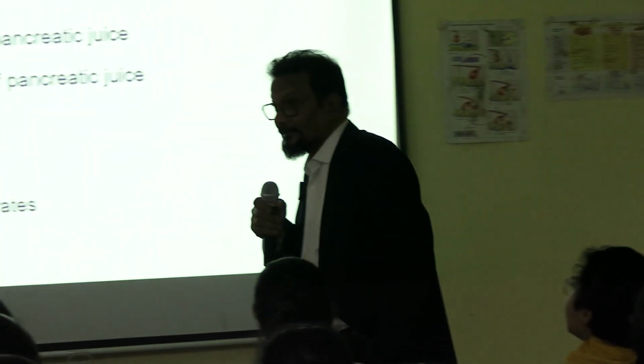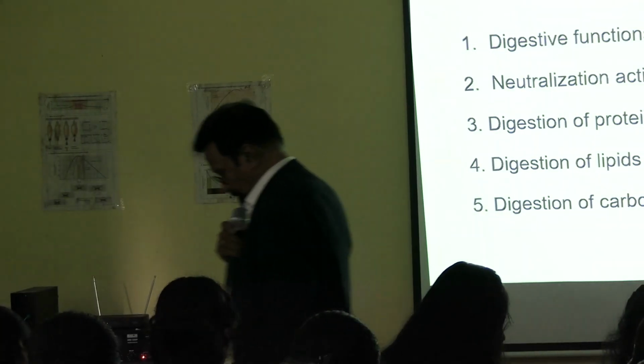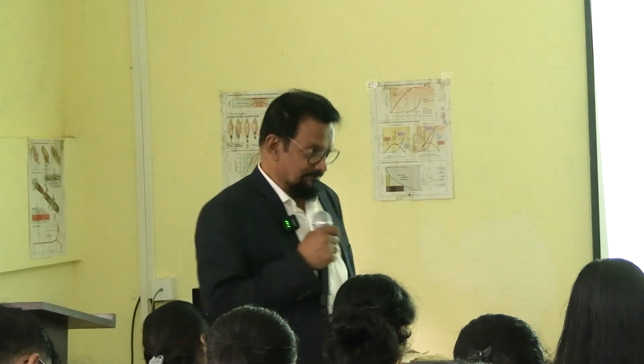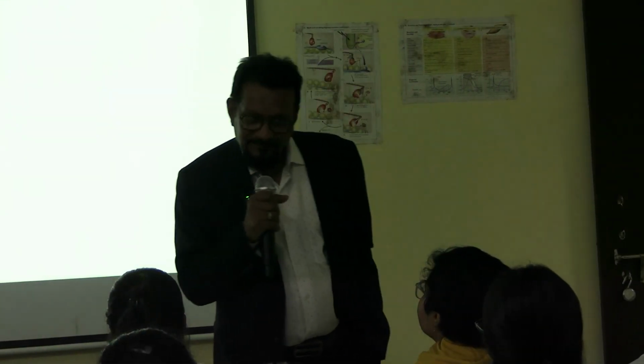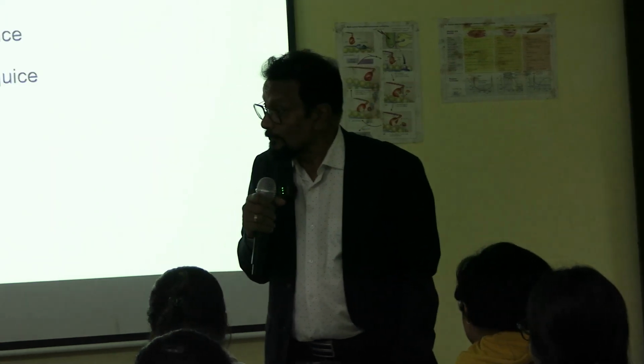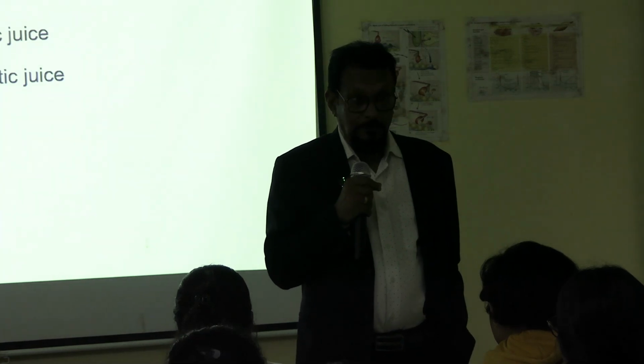What is the calorie equivalent of carbohydrate? 4 kilocalorie per gram. And of protein? Same. And of fat? 9 kilocalorie. So per gram, it can provide more than double.